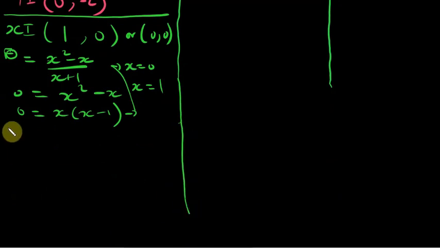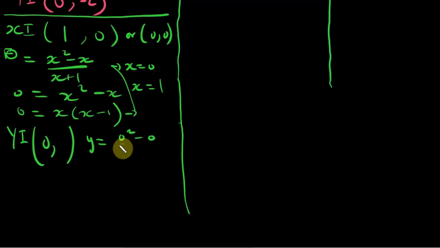Okay, let's look at the y-intercept of the rational function when x is 0. So y equals 0 squared minus 0, divided by 0 plus 1.